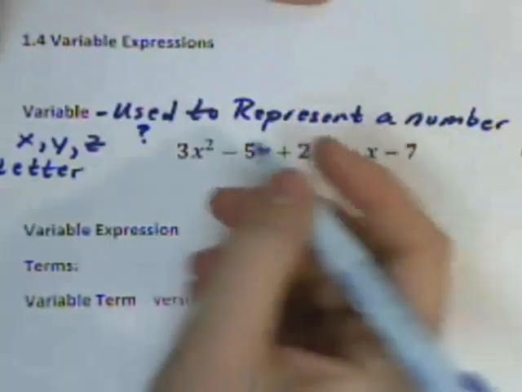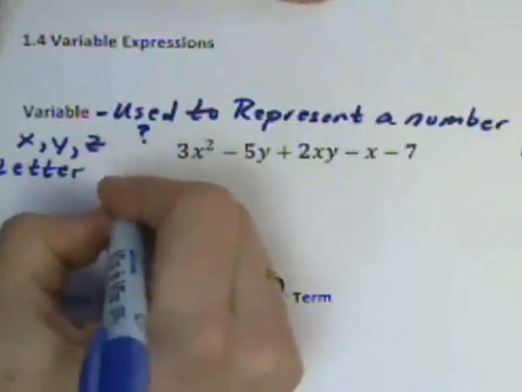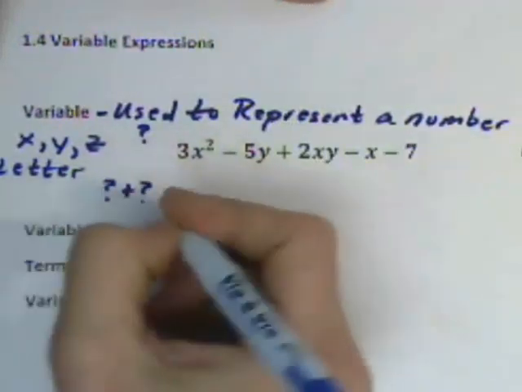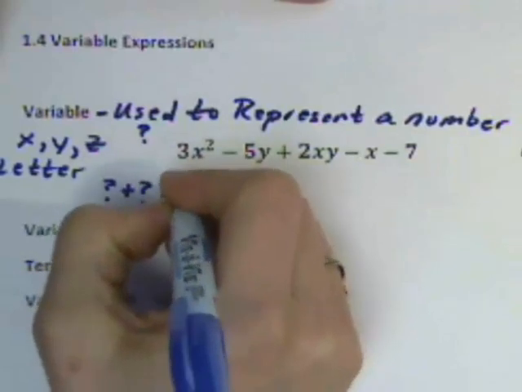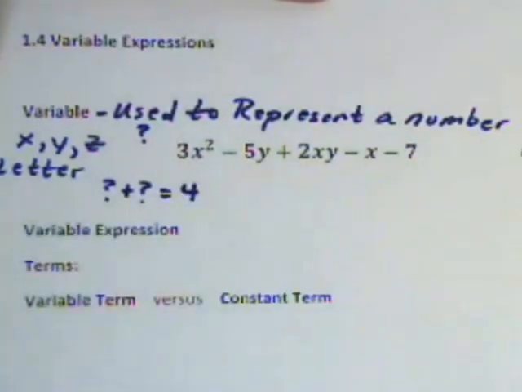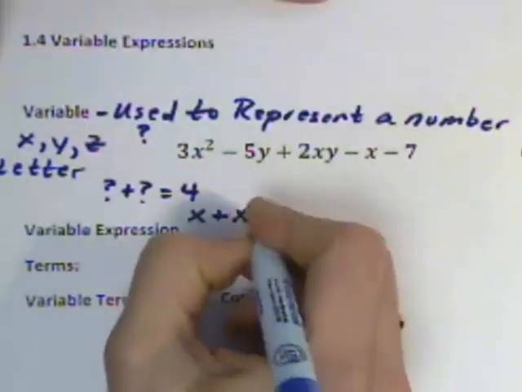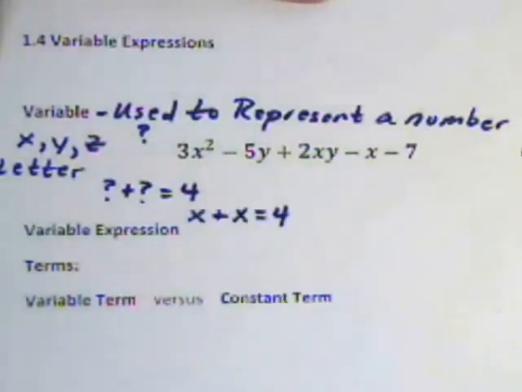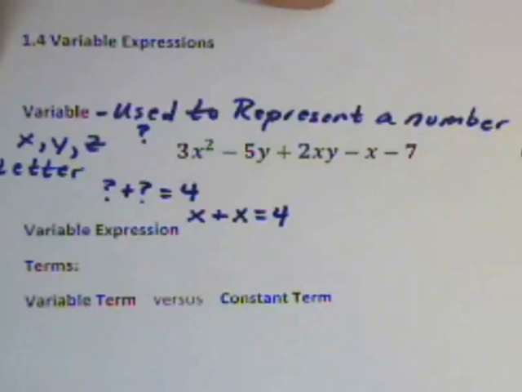So for example, if I were to say, okay, well, what plus what equals 4, x plus x equals 4. So again, what I'm trying to illustrate to you here is that these letters x do represent some numbers, and we look at the pattern between these x's.